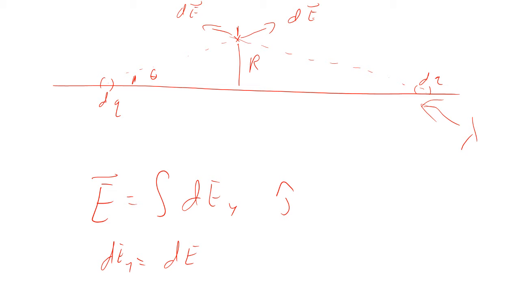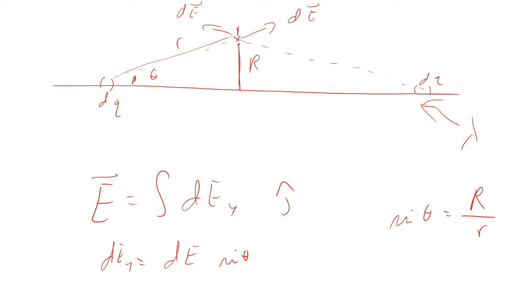So that means this is going to be sine of theta. So what is sine of theta going to be? Well, sine of theta is how far we are away, R, divided by r, which is the actual distance from the dq to the point that we're interested in.